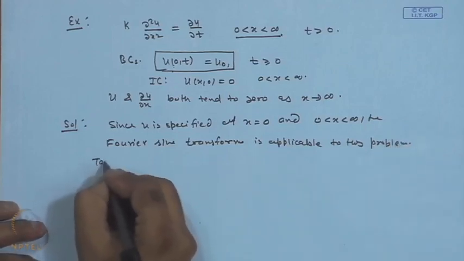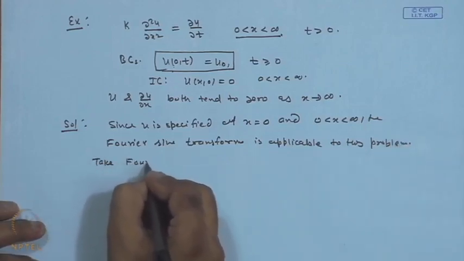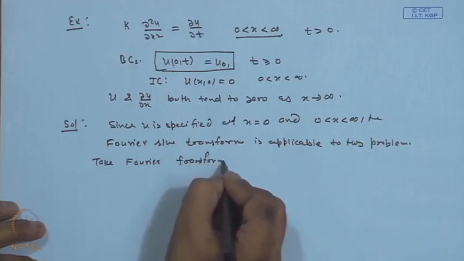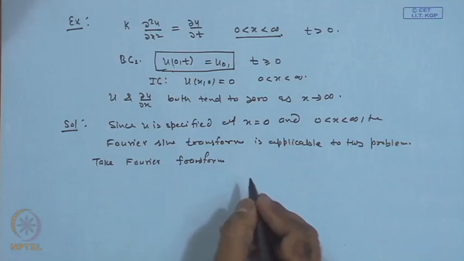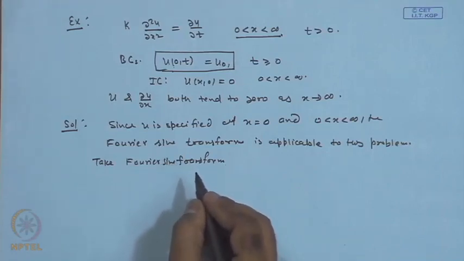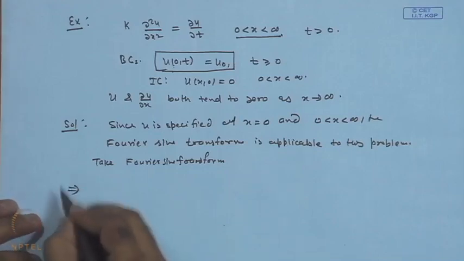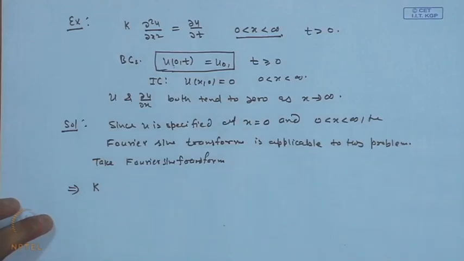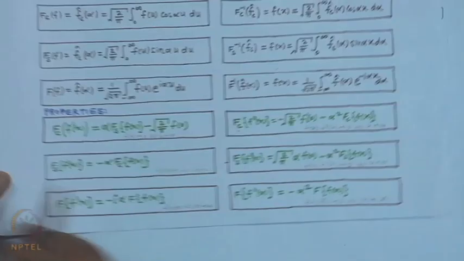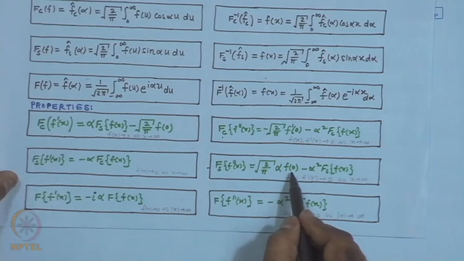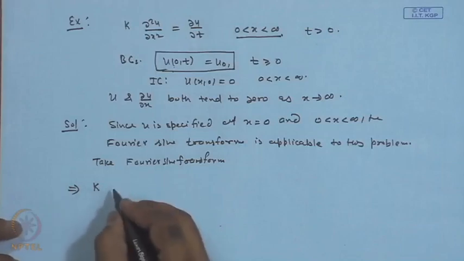So, taking the Fourier sine transform, what do we get? This k is there, and for the del 2 u over del x square, the second derivative sine transform, we have square root 2 over pi alpha f(0) minus alpha square Fourier sine transform.